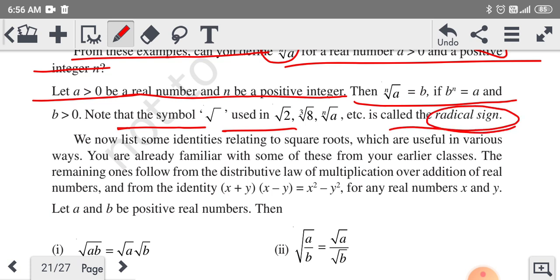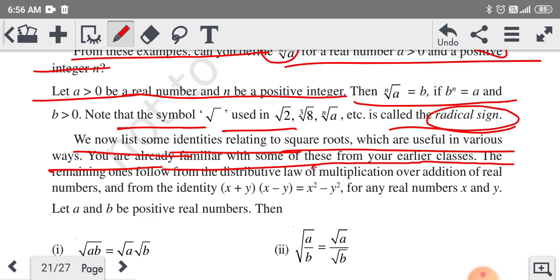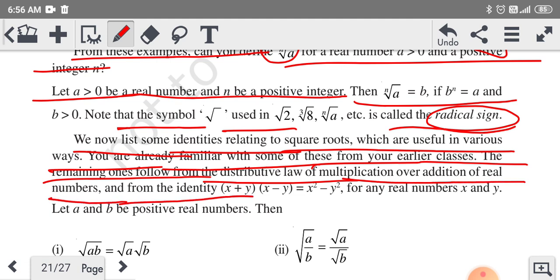We now list some identities relating to square roots which are useful in various ways. You are already familiar with some of these from your earlier classes. The remaining one follows from the distributive law of multiplication over addition of real numbers and from the identity (x+y)(x-y) is equal to x squared minus y squared for any real numbers x and y.